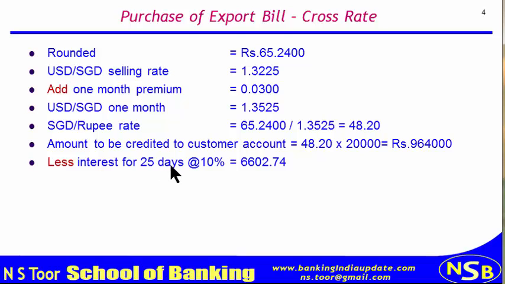So 25 days interest at 10% for this amount comes to this much. So out of this we shall deduct this amount, and this is the net amount which will be credited to customer's account. So 957397.26, this is the final amount which customer shall be receiving.